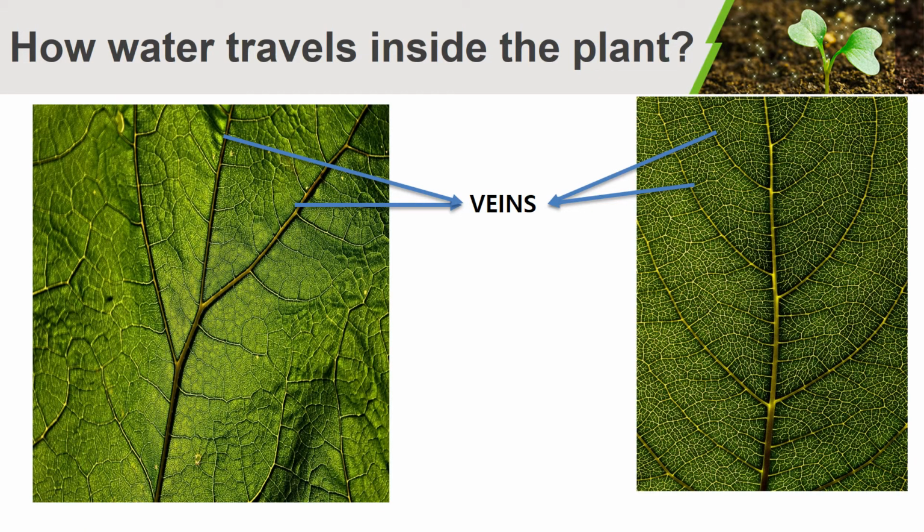Look at the leaves in the picture. You can see many lines. These are called veins. The water and food get transported using these veins. Veins are composed of both xylem and phloem.